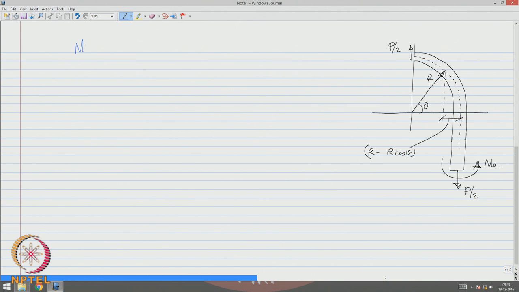Therefore, m b is m 0 minus p by 2 times (r minus r cos theta).